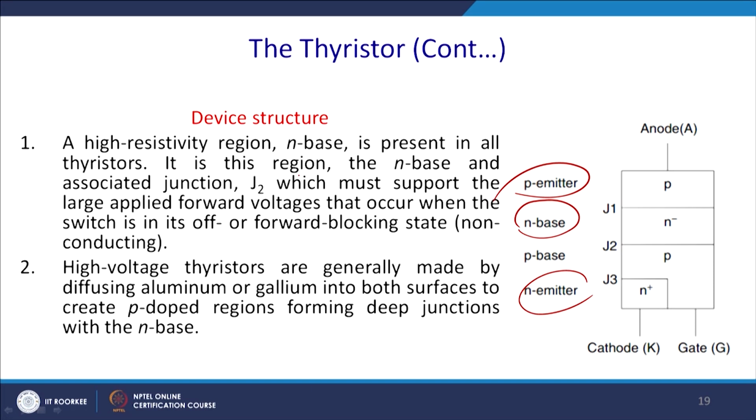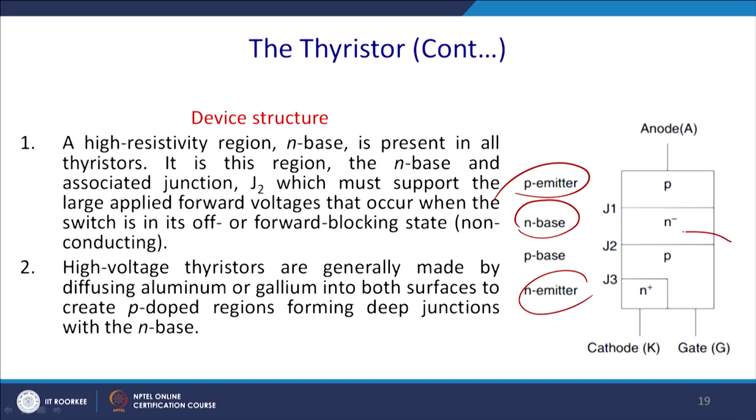It is the N base and the associated junction J2 which must support the large applied forward voltage that occurs when the switch is off, the forward blocking state, or the non-conducting state.